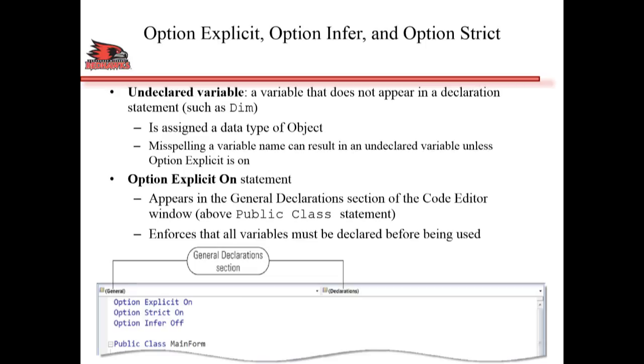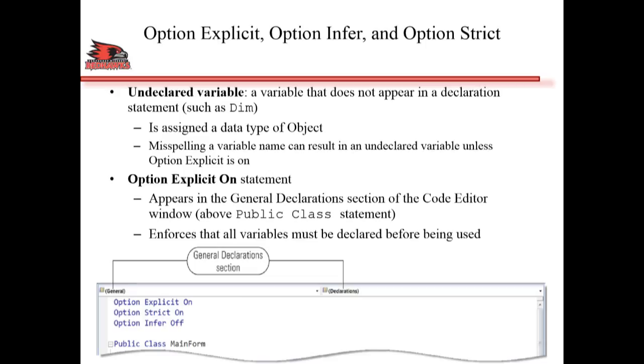What do they mean? So explicit basically is generally turned on, and what that does is that when you want to use a new variable, you have to declare it, use statements such as dim, and then declare what kind of data type, stuff like that.